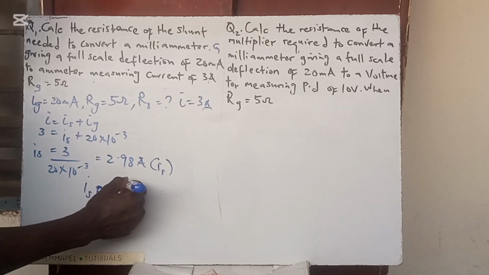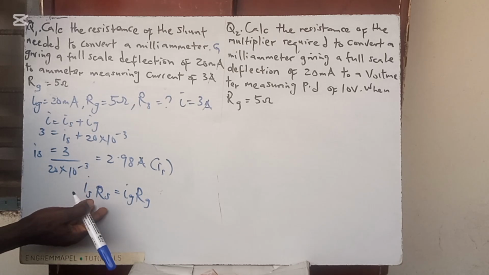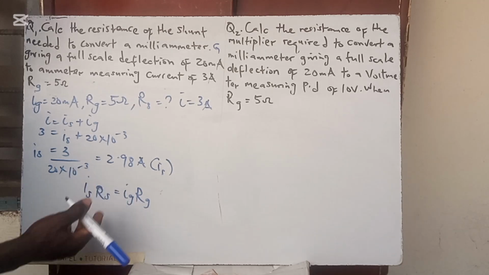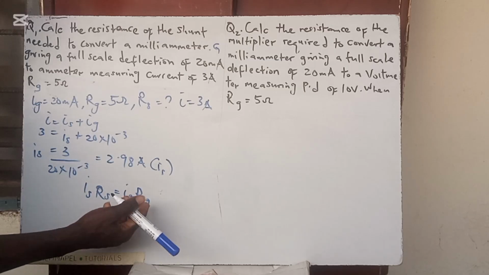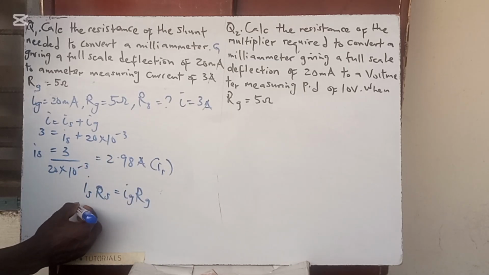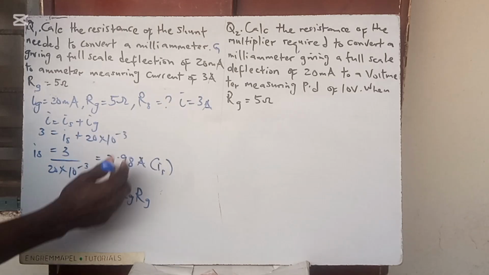So the voltage is going to be the same in this place. IsRs, you can use either that as V or use IgRg as V. So what's our Is? That's 2.98 multiplied by our Rs, which is what we are looking for.